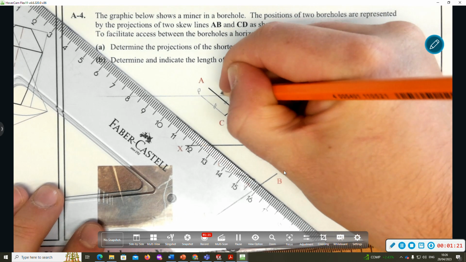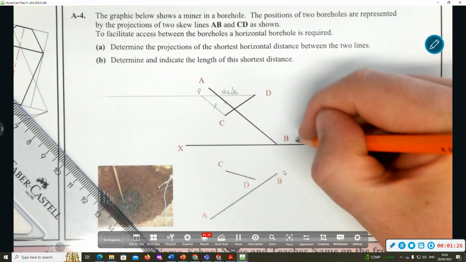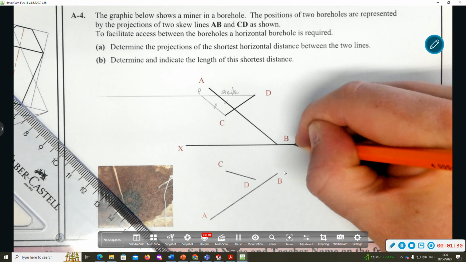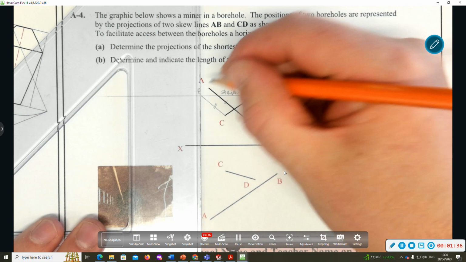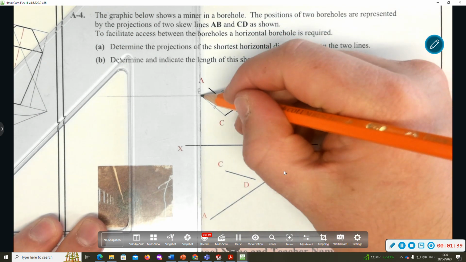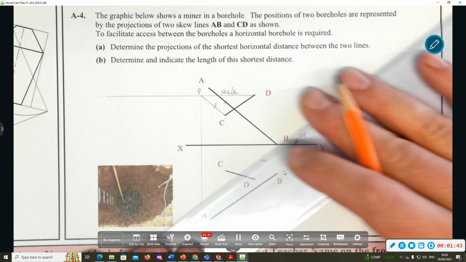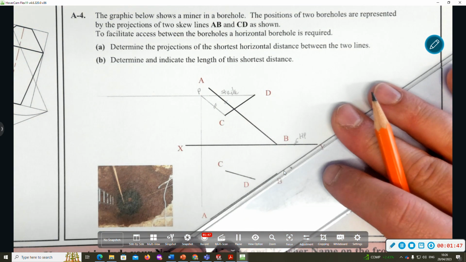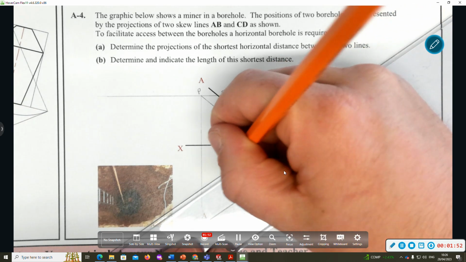Now PD is going to be called a strike line because it is parallel to the XY line in elevation. So it will be a true length in plan because the strike is parallel to the HP. So I'm going to drop point P down to plan, and if I went parallel to line AB from point C in elevation, I go parallel to line AB in plan from point C, because parallel lines are parallel in every orthographic view.